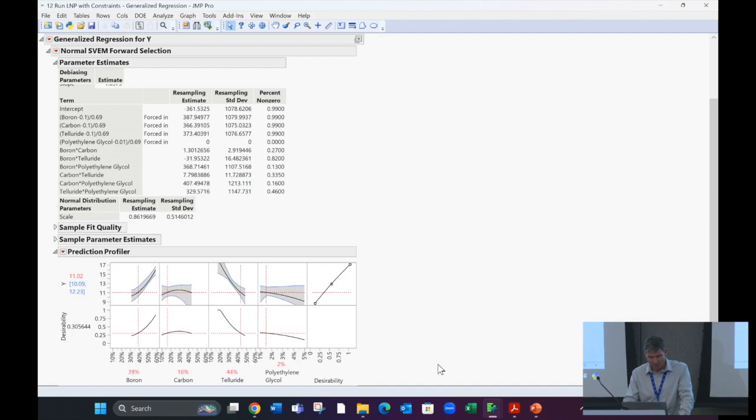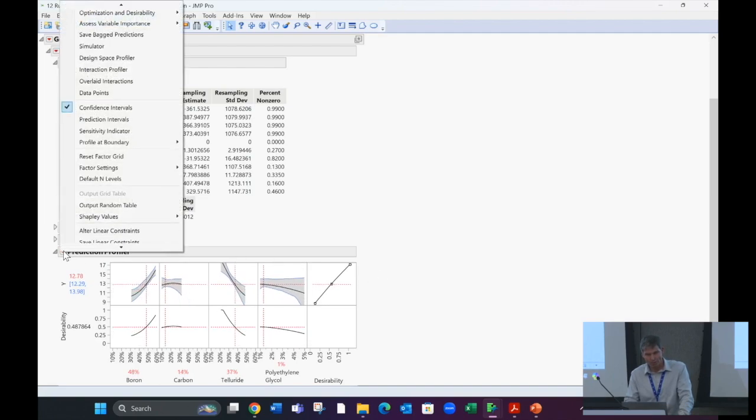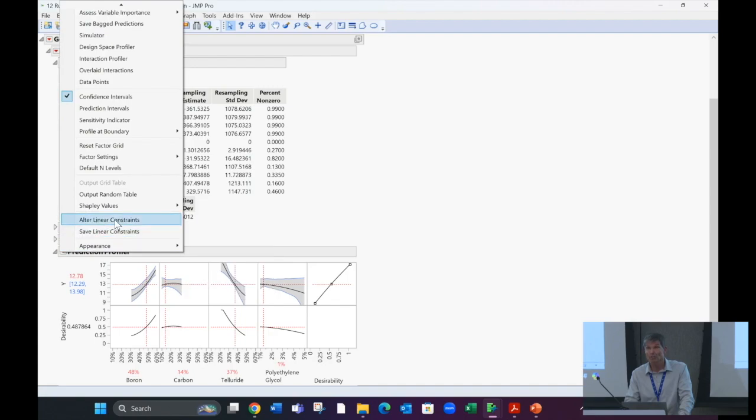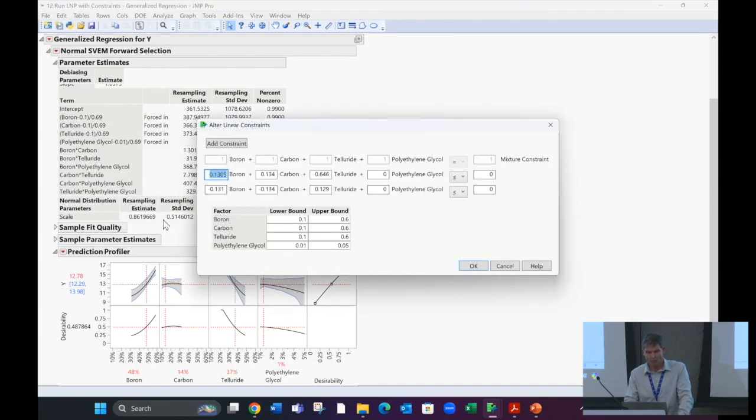And it also keeps track down here of what these have to sum to, 100%. So it keeps your constraints in there as well as sums to the 100%. And you can even put in more here, so you can alter the linear constraint. So here's where that constraint is, where essentially I've got my boron and carbon that's related to the telluride, all based on that stoichiometry problem.